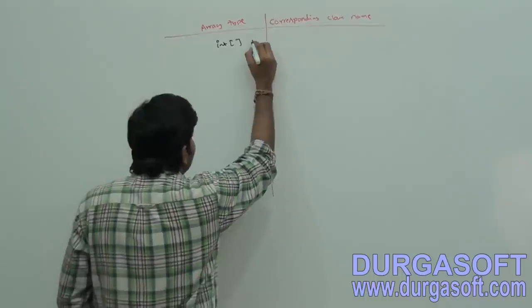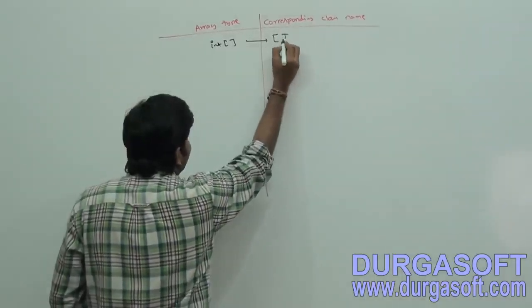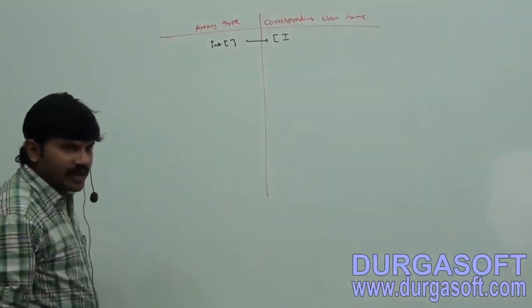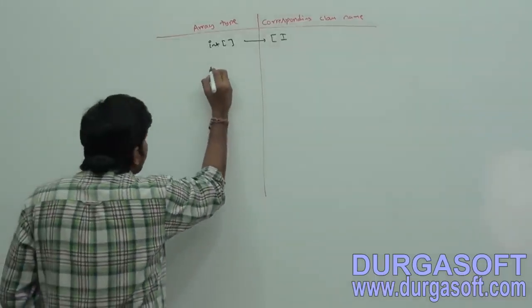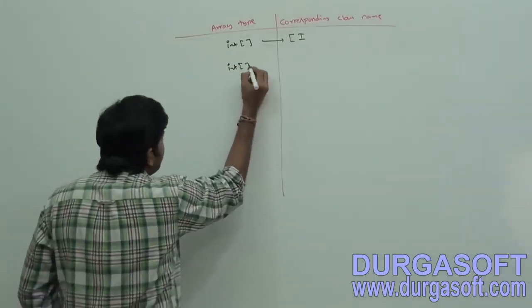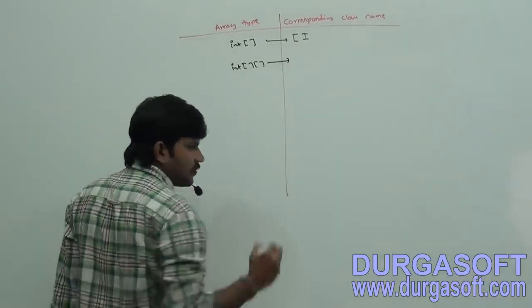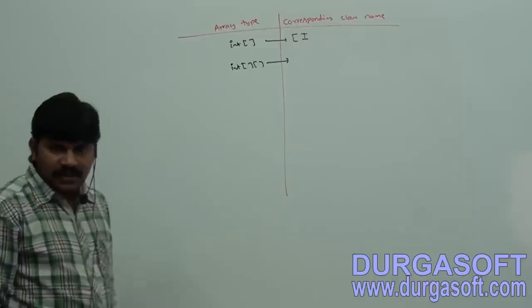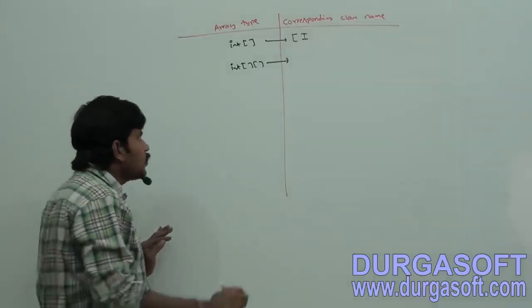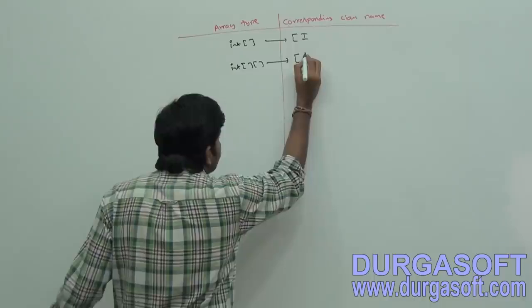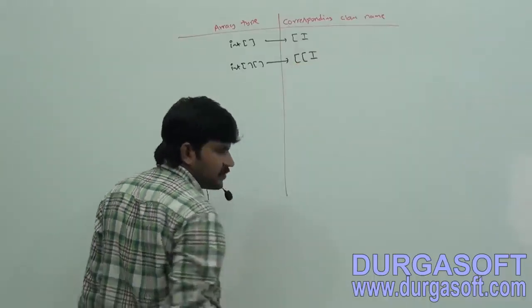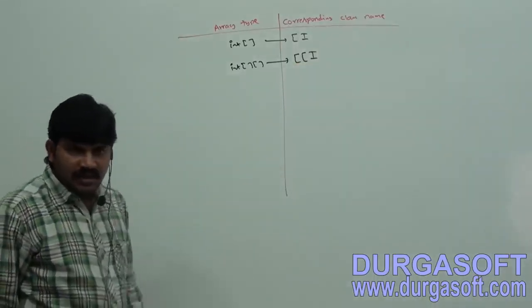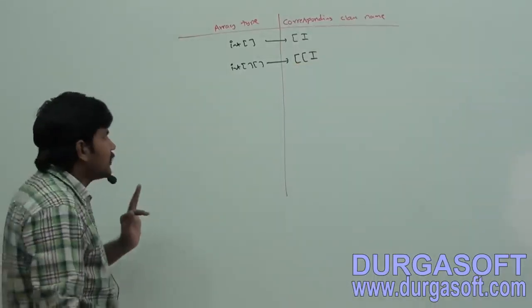Can you tell what the corresponding class name is? It is [I, for an int array. Now a two-dimensional int array I am taking; here it is [[I.